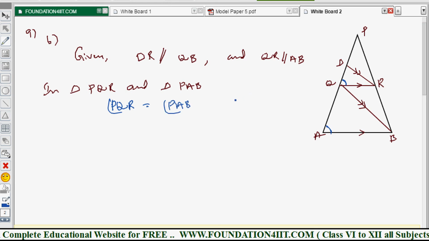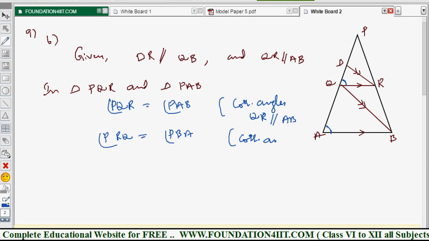Because of corresponding angles, QR is parallel to AB. And similarly, angle PRQ is equal to angle PBA. These are also corresponding angles, and are equal. So whenever two angles are equal, then by the AA axiom, triangle PQR is similar to triangle PAB.